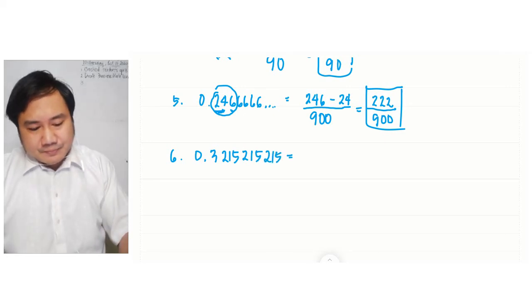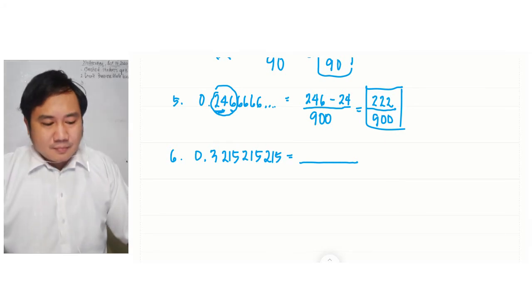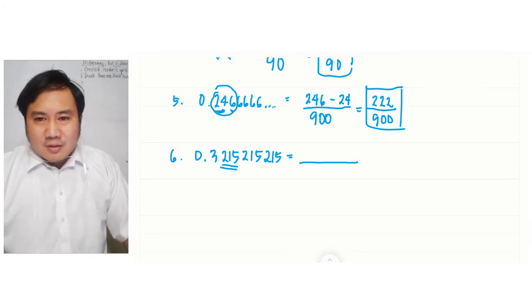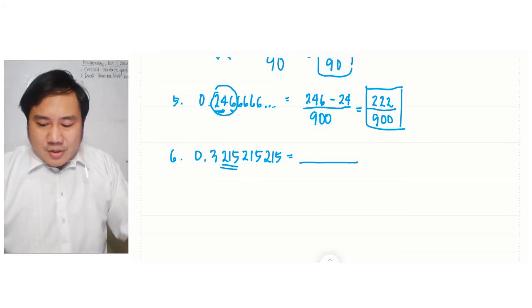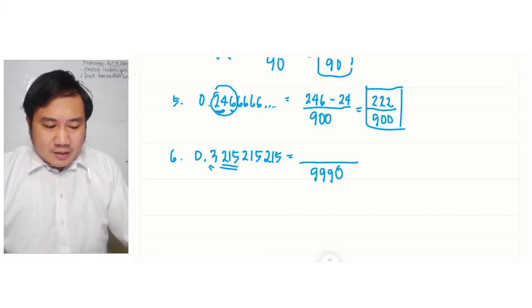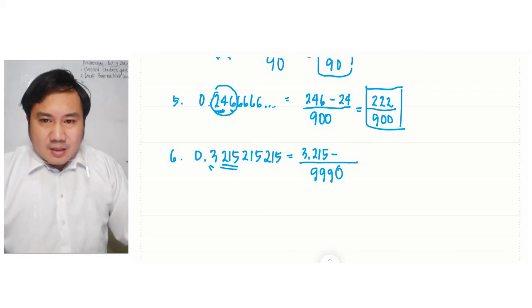0.3215 bar. Okay? Ilang digits yung nauulit? Tatlo. The 2, 1, and 5. So, ang 9 mo sa denominator, tatlo. Ilang digit yung hindi nauulit? Isa lang. So, you have 1, 0 on your denominator. Next, for the numerator, you will write 3,215 minus dun sa hindi nauulit, which is 3.